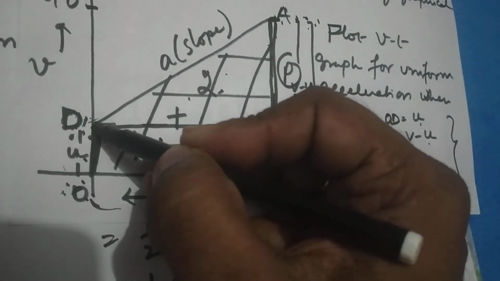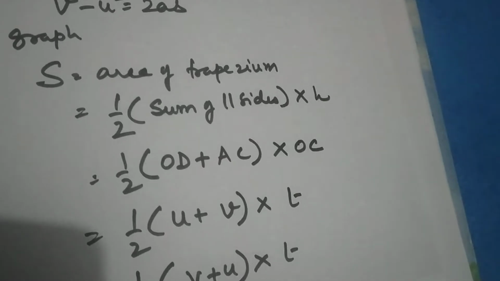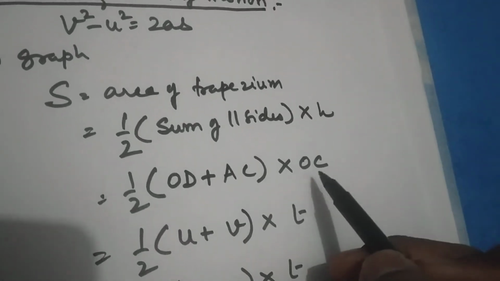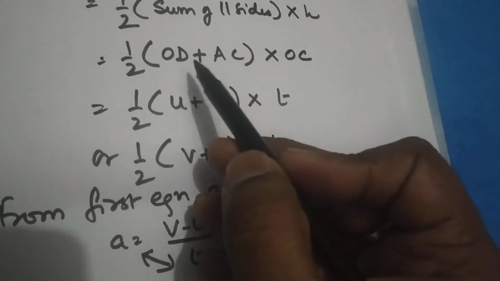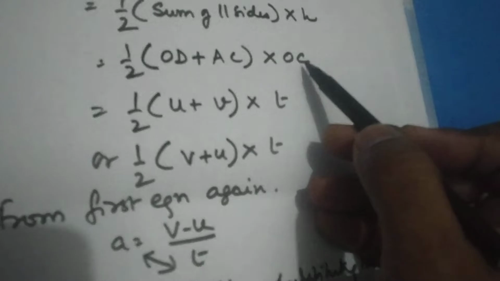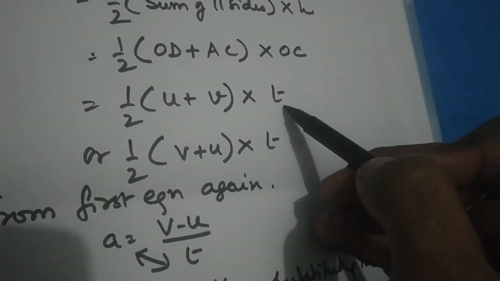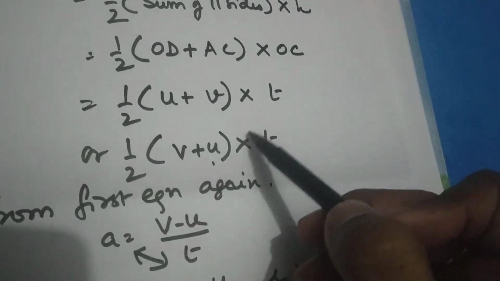So we are putting the parallel sides OD plus AC into T. So what we have done, please see, OD plus AC and T, that is OC. So half, OD value is U, AC is V, and instead of OC we put T. OC portion is showing T. So half we can write like this, V plus U into T.